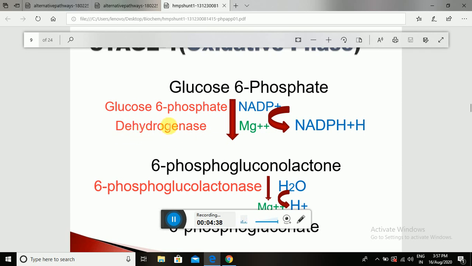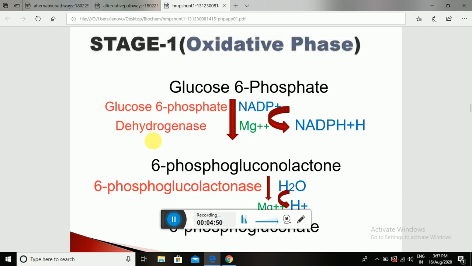It converts NADP into NADPH plus H plus, and the cofactor is Mg2+.